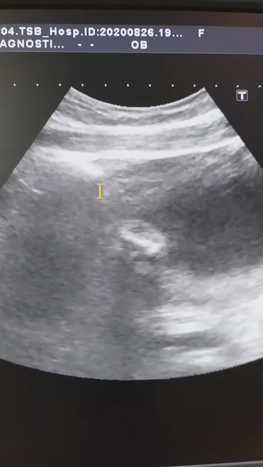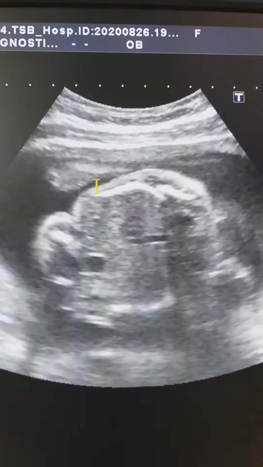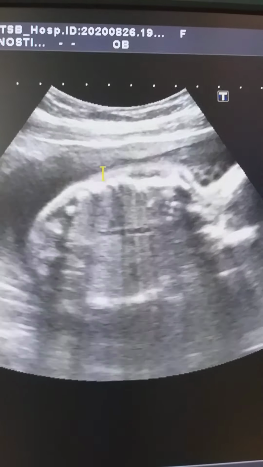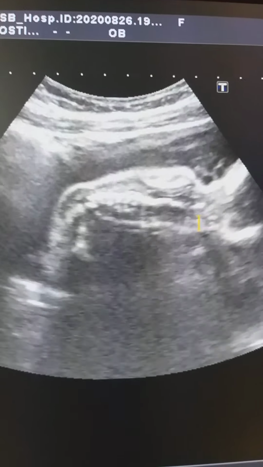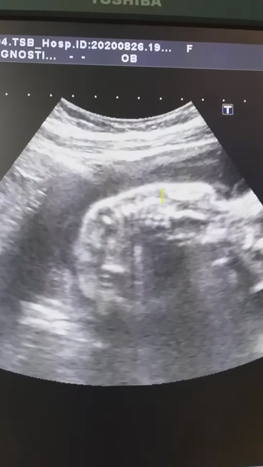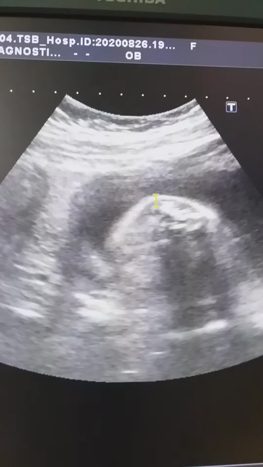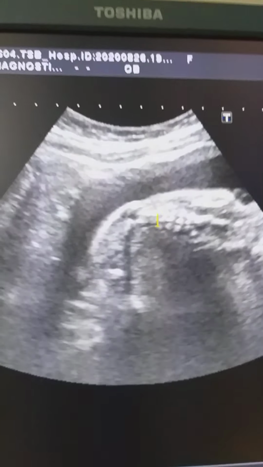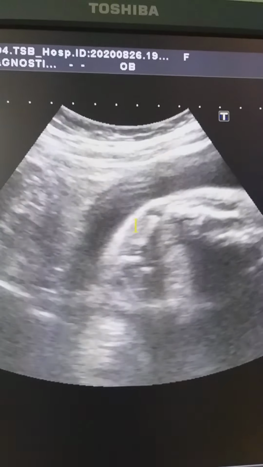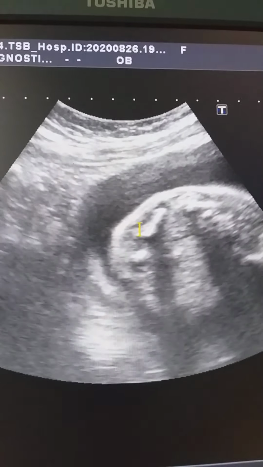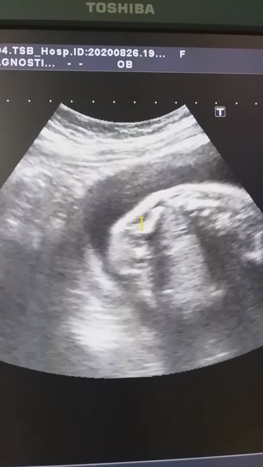Now here we can see that this is the cervical spine, this is the thoracic spine. The spine is also deformed, and this is the ilium.